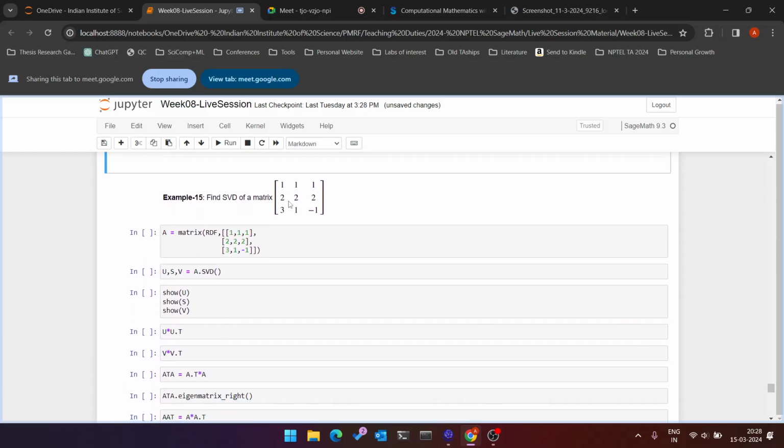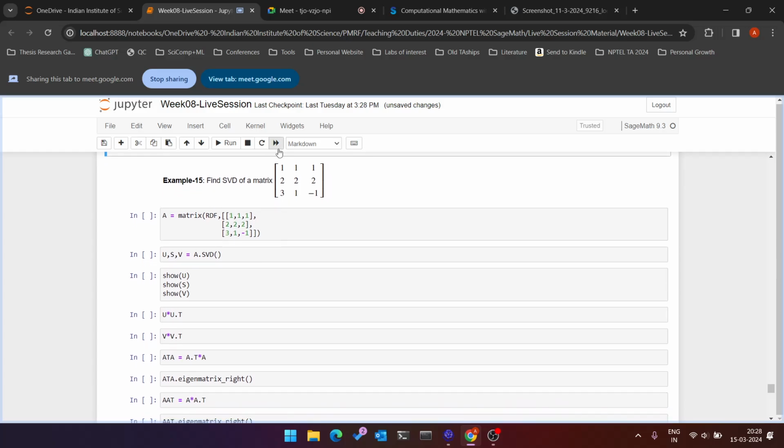The next example that we have asks us to find SVD, singular value decomposition, for a 3 by 3 matrix given as follows. So A is now a matrix on RDF with the entries given here, and to obtain the singular value decomposition we simply do A dot SVD, and from this we get U, S and V, where A is U into S into V transpose, or U into D into V transpose, depending on what notations you use.